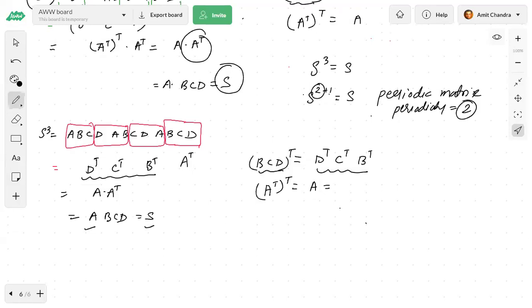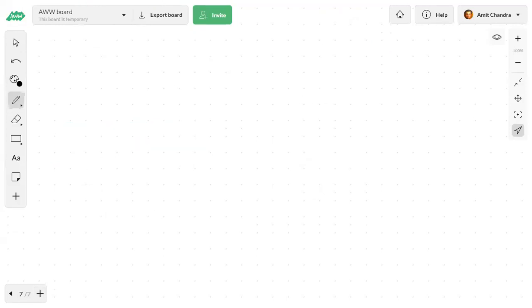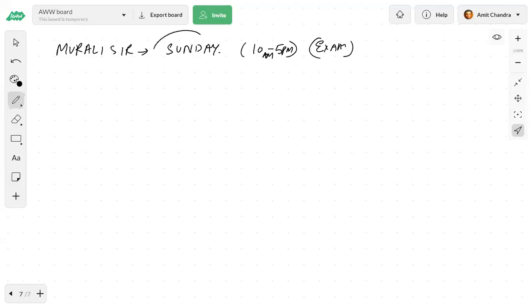this week's problem, see, this has been told by Murli sir. Every Sunday from 10 a.m. to 5 p.m. your exam window will open, the weekly exam will open on every Sunday.